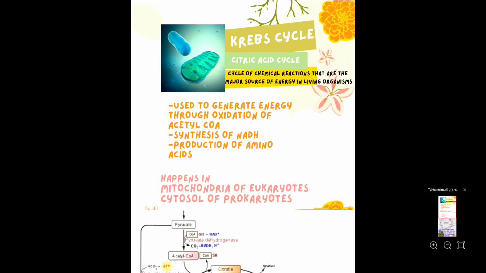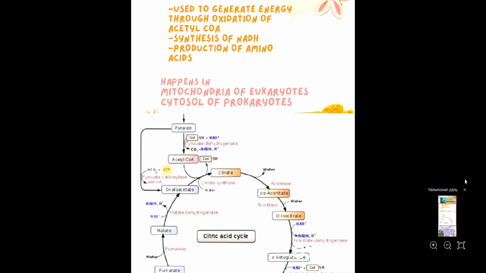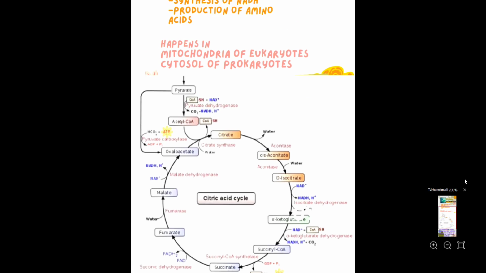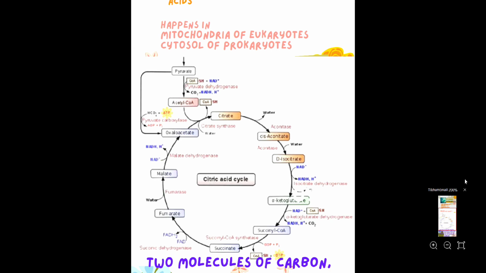Let's get into the cycle. It begins with a preparatory step, which is pyruvate. It is derived through glycolysis, with 3 carbons, which we just saw.